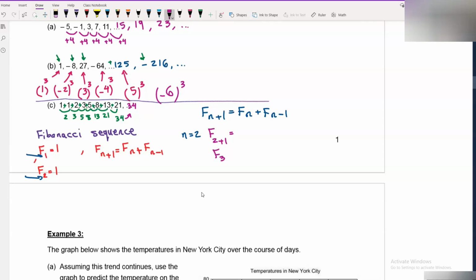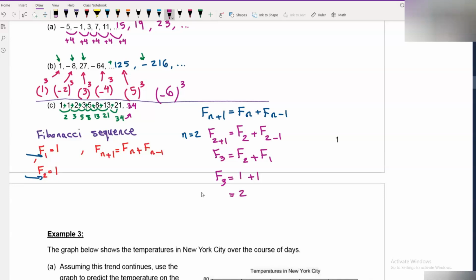So using n equal to 2, 2 plus 1, we're going to have F3. And this is F2 plus F2 minus 1, meaning I have F2 plus F1. So our F3 is 1 plus 1, and that is equal to 2.